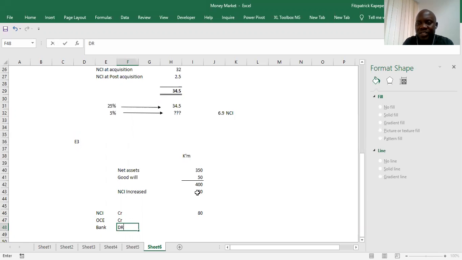Since we are disposing, or since the parent company is disposing, it's actually going to receive the cash. So bank will be debited at 90 million, meaning the difference will go to other components of equity, which is 10.